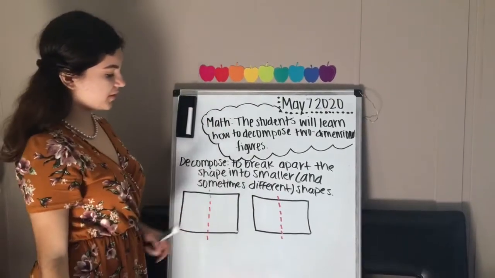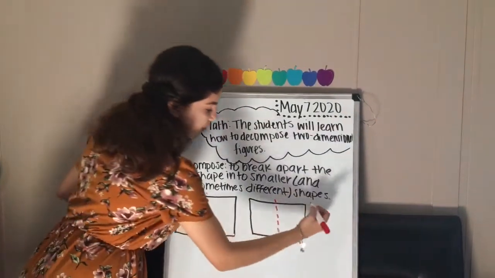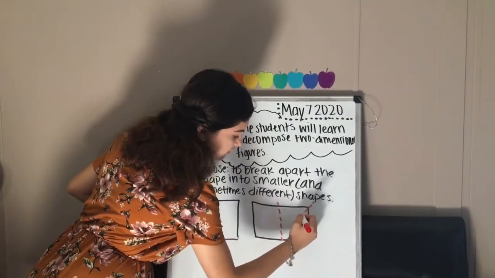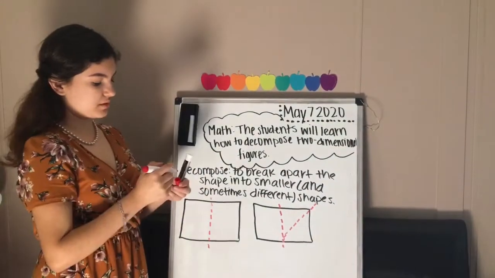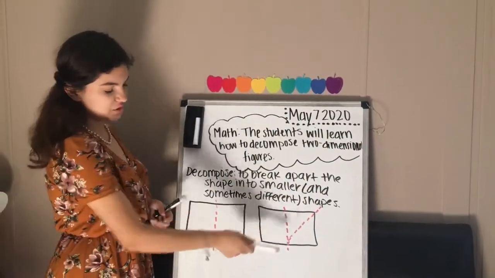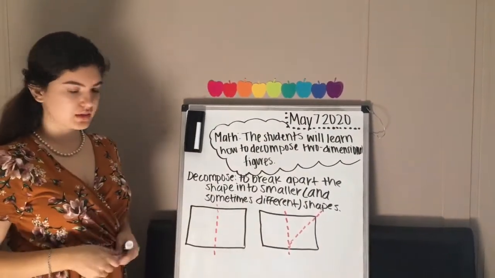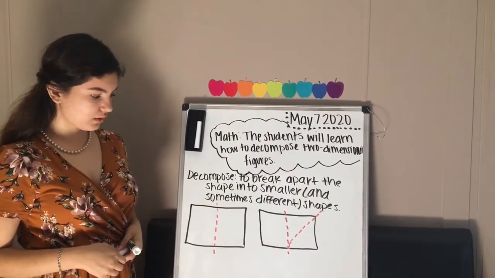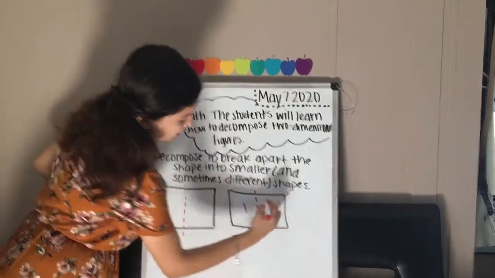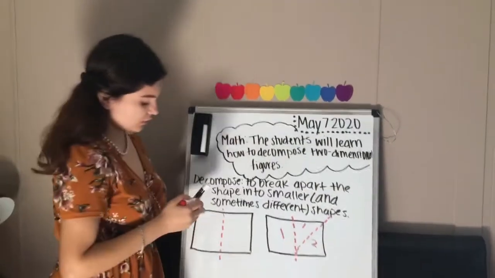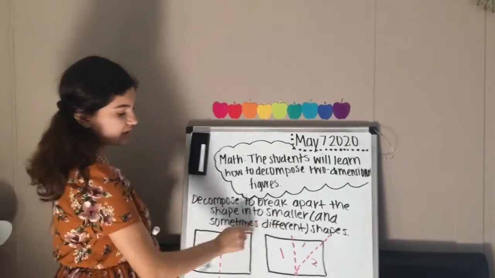Okay, so I decomposed it the same way, but now I'm going to cut it like this. Now what happened? What shapes do you see here? Yes, Leah? Correct. One square and two triangles. So that's what I mean when I say and sometimes different.